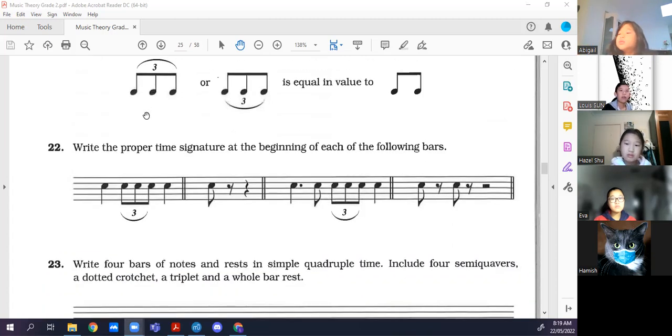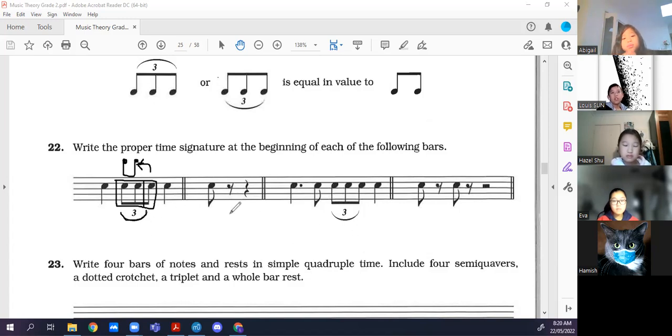If you look at question 22, with the triplet here, think of it like buy 2, you have 2 quavers, and you get 1 free in the same group. But that is treated within the same duration of 2 quavers.